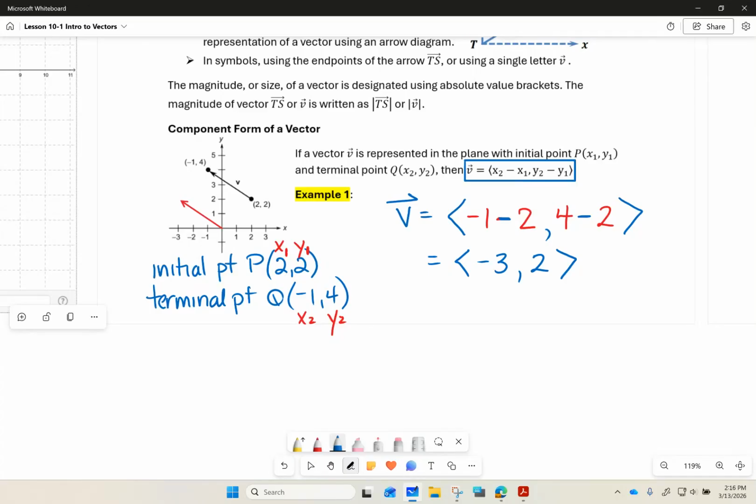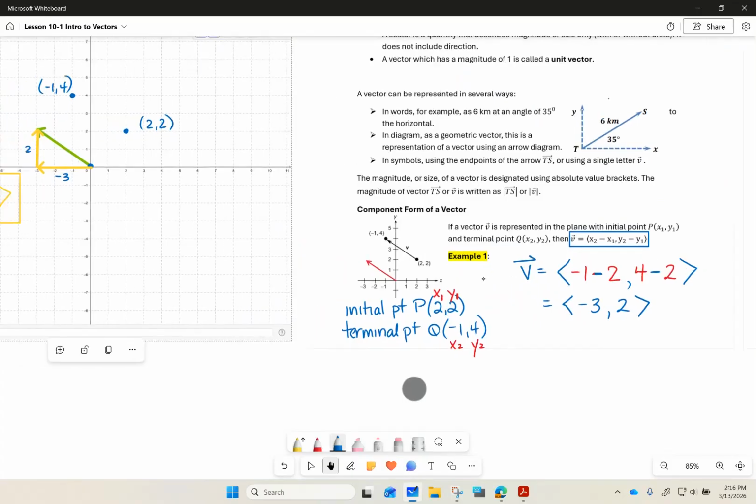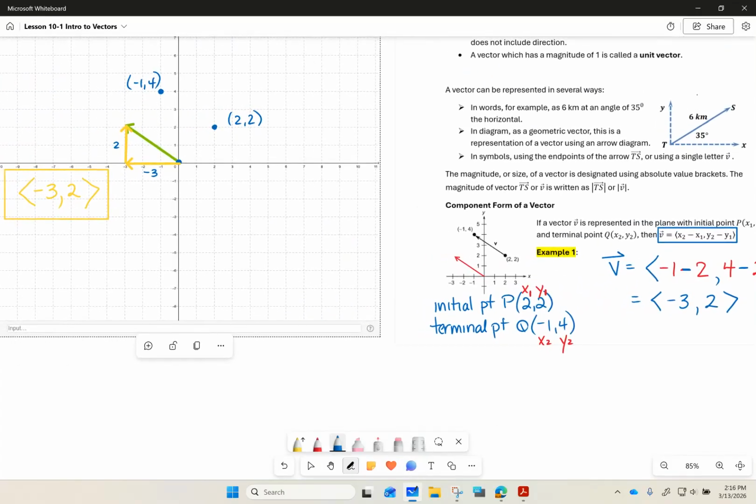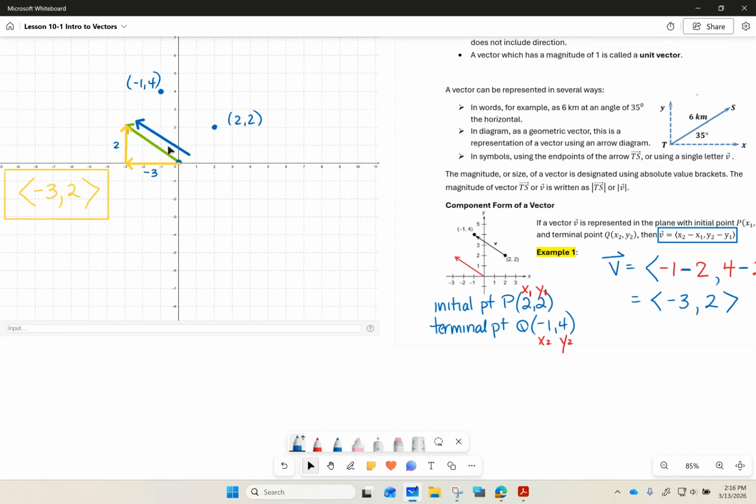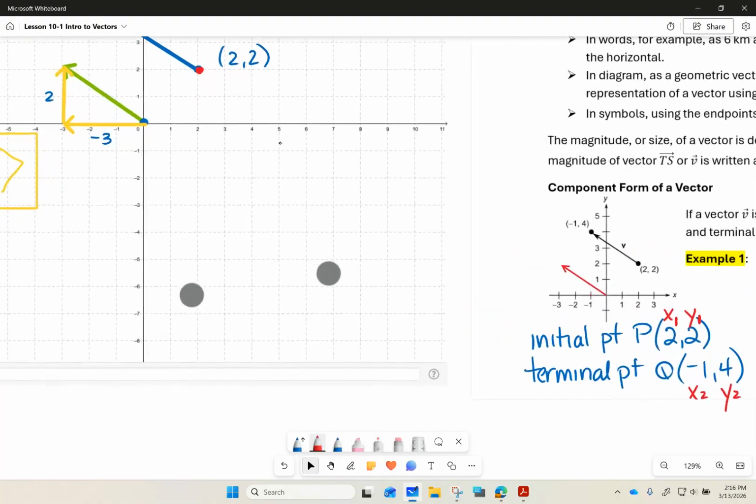So there's no need to move the graph. Remember, our graph was originally over here at (2, 2), right? And we moved it back to the origin so that we can visually see the components of the vector. And yes, you can absolutely do the following. Here's my initial. Let's expand this here.